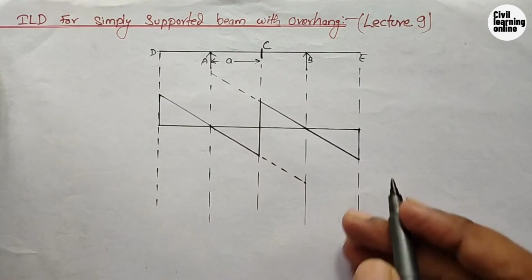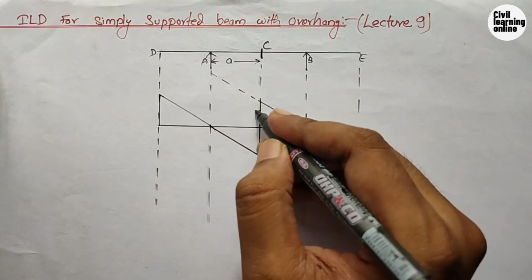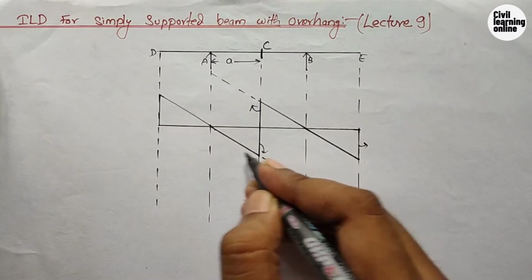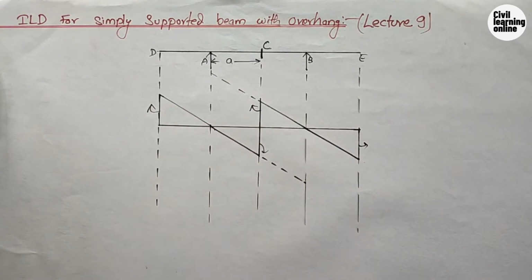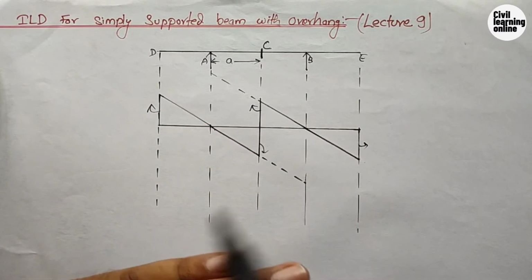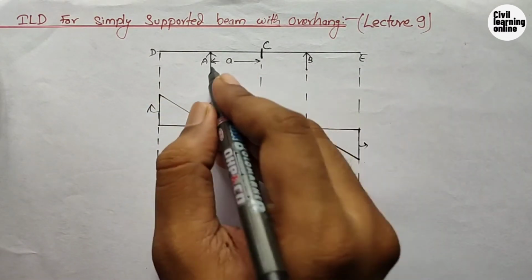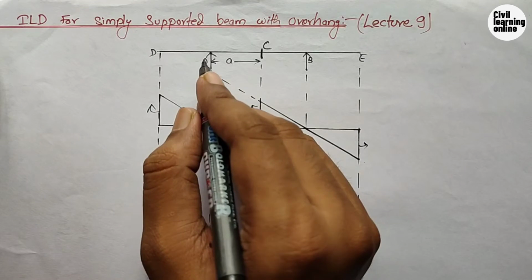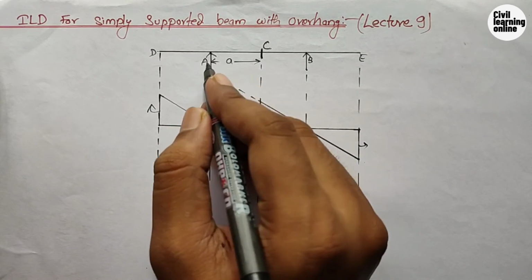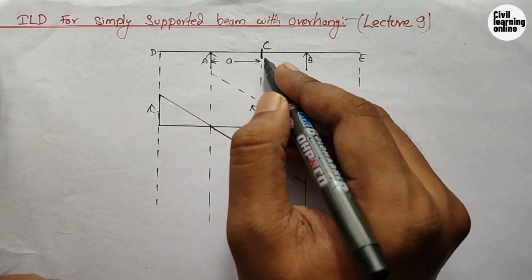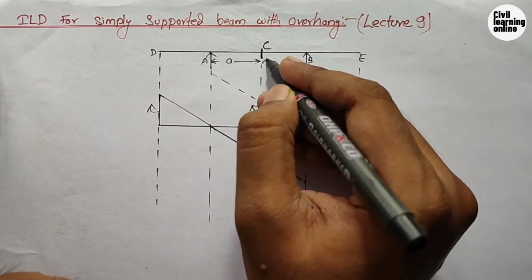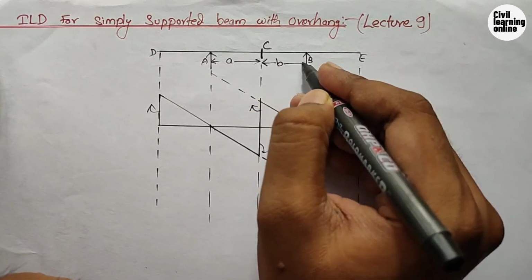After doing this, we need to know how to calculate the value of these ordinates. So guys, if you have watched my previous video, let us first name the spans. I have mentioned that point C is at distance a from the left support. Let the span CB be denoted by b.